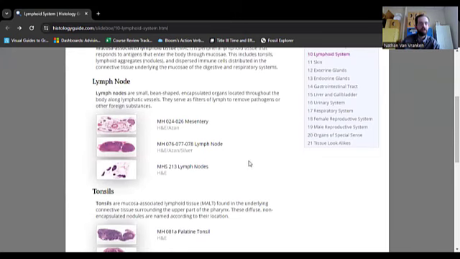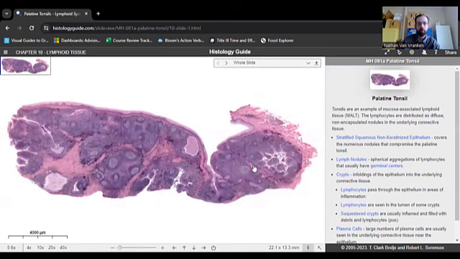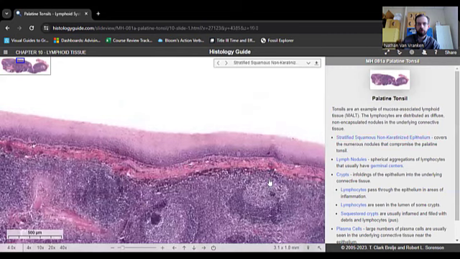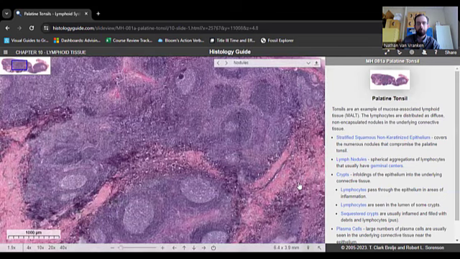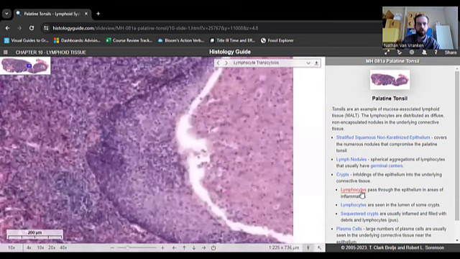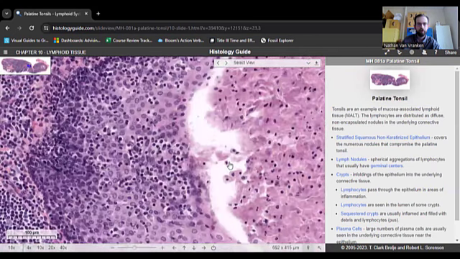I recommend taking a look at the lymph node, your tonsils, such as the palatine tonsils. We can see some wonderful stratified squamous, non-keratinized, meaning it's soft, epithelia, seen right here. Look at that layering. And then see how the lymph nodules are covered by that tissue. Here are some cool lymphocytes found throughout this sample. Even zoom in.